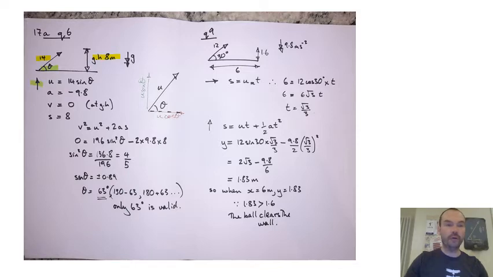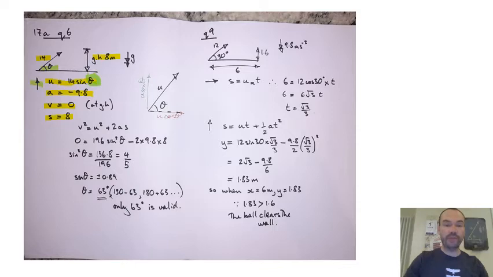We know u, which is the speed times sine theta. We know a is minus 9.8. At the greatest height, the vertical component of the velocity will be 0. And we know that the greatest height is 8. So what are we trying to find? We're trying to find theta.